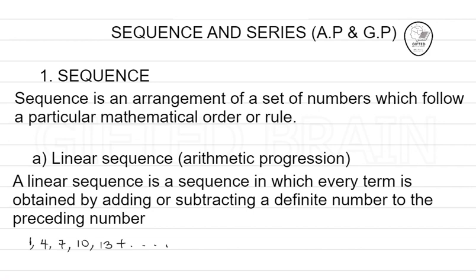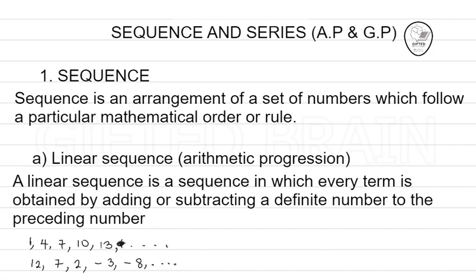Another example: let's say we have 12, 7, 2, -3, and -8. Please, nothing like plus here, that's a mistake, it should be a comma.